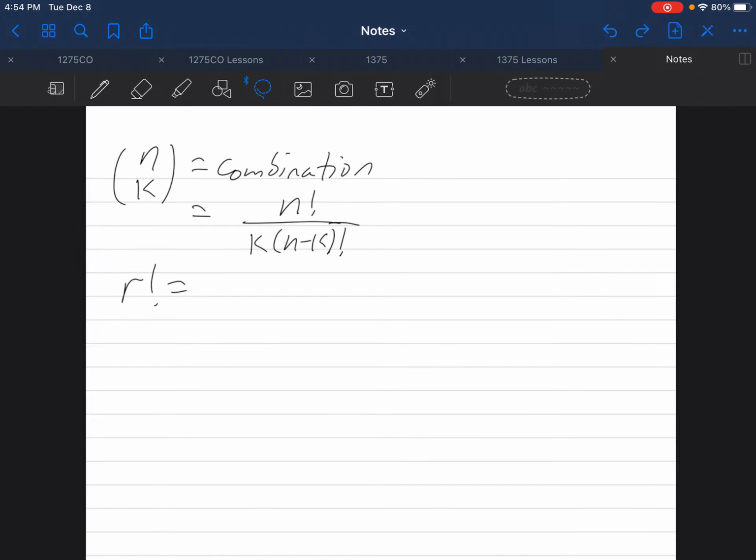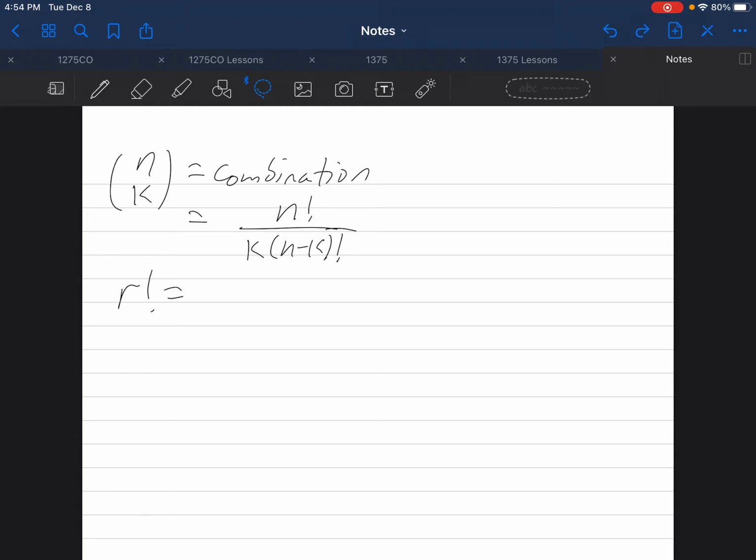And if we are covering combinations, we have to talk about something called factorial. Factorial is this symbol right here, because the definition of a combination can be written like this, but can also be written with a large C and two smaller numbers in the subscript.